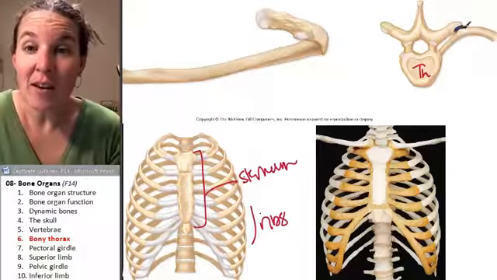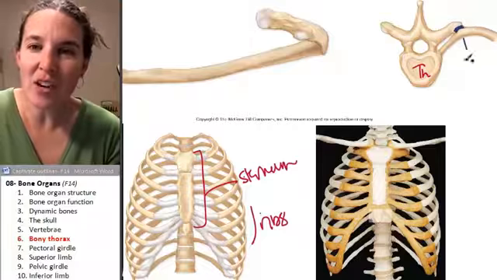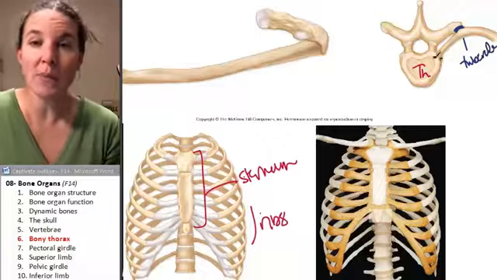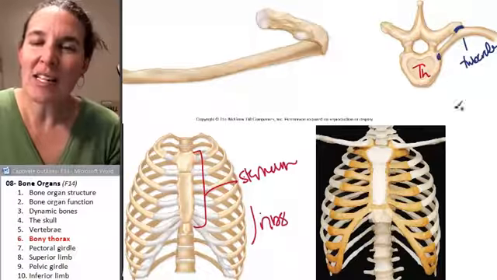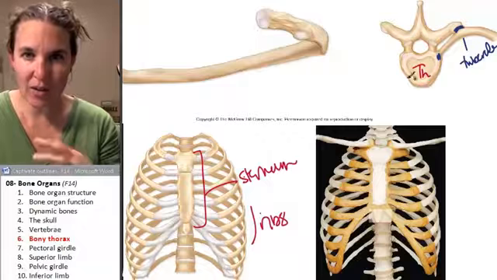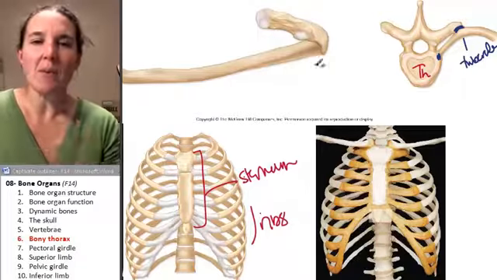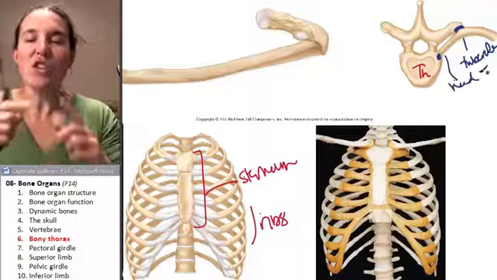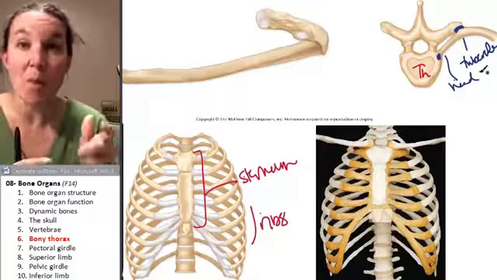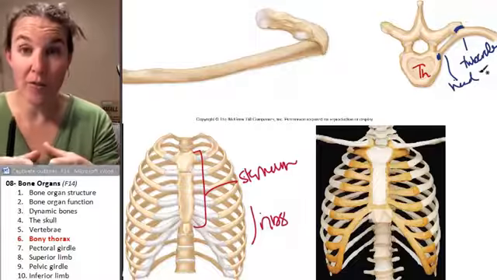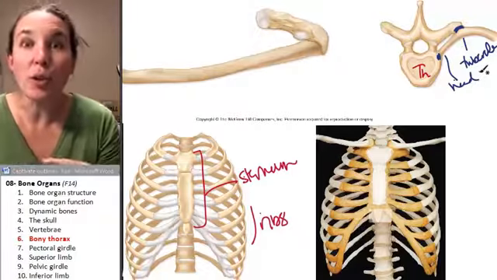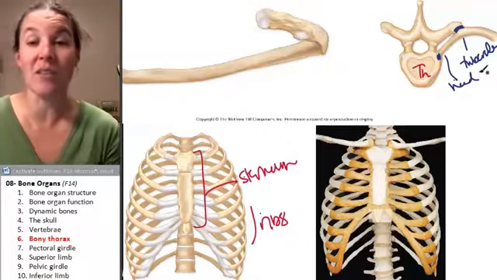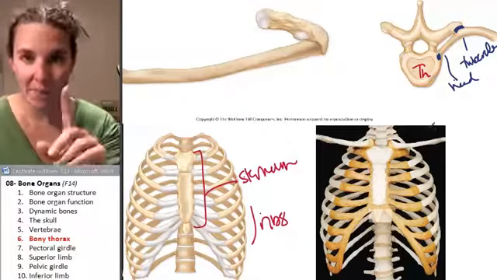This is called the tubercle of the rib, and we also articulate with the body of the vertebra, and that is the head of the rib. So the head of the rib articulates with the body of a thoracic vertebra, and the tubercle of the rib articulates with the transverse process of the thoracic vertebra.